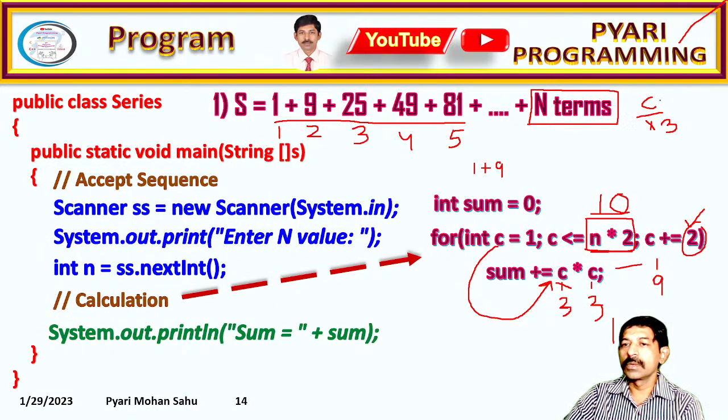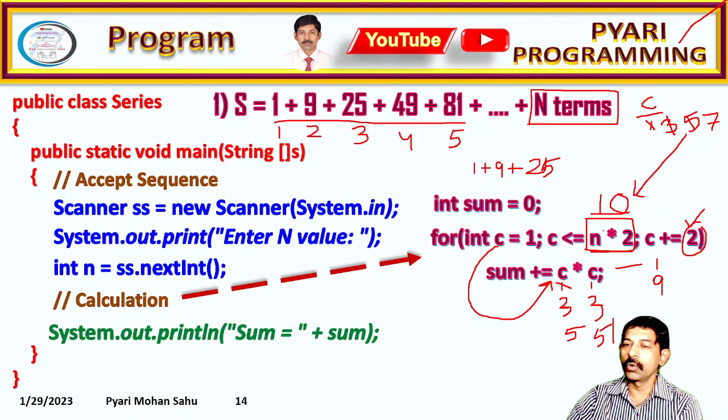So 9 plus 9. Next time C is your 5, because plus 2. 5 is less than equals to 10. True. So that's why it will be 5 into 5 is your 25. This is your plus 25. Next time C plus this is 7. 7 is less than equals to 10. True. So now instead of 5 it will be 7 into 7, that is your 49. So plus 49 I got.